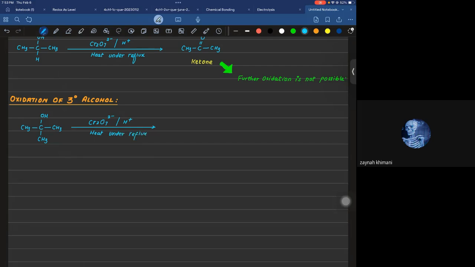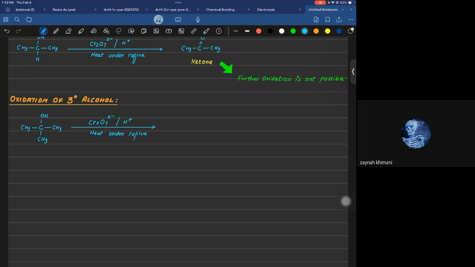There is one more reason for using reflux. These are organic substances, and we should not give direct flame to them, because they are highly flammable and catch fire. So in order to avoid this, you are going to use reflux.